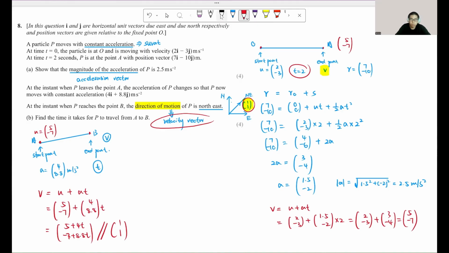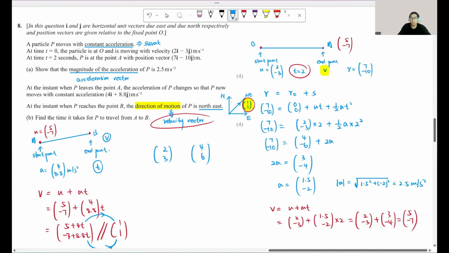If two vectors are parallel to each other, there must be a scale factor between them, and the scale factor for both the i component and j component has to be the same. For example, (2, 3) is parallel to (4, 6). How do we know they are parallel? Because 4 divided by 2 is equal to 2, and 6 divided by 3 is also equal to 2.